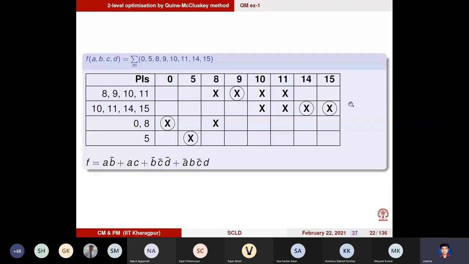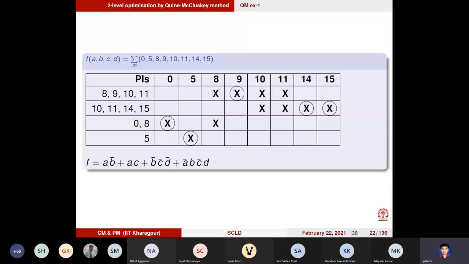Now naturally this is a search process. You try out all possible subsets and see which subsets work and which don't. If your number of min terms is large, this might take a good amount of time. So let's see how we can reduce the number of steps required to do this.